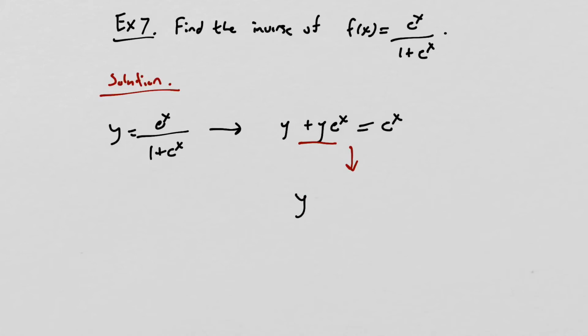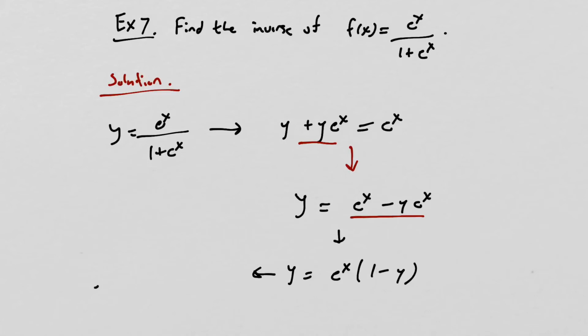This leaves us with y is equal to e to the x minus y e to the x. Now we have an e to the x in both terms over here. We can go ahead and pull it out. Then dividing both sides by 1 minus y, our equation becomes e to the x is equal to y divided by 1 minus y. Let me write this again on a new page.